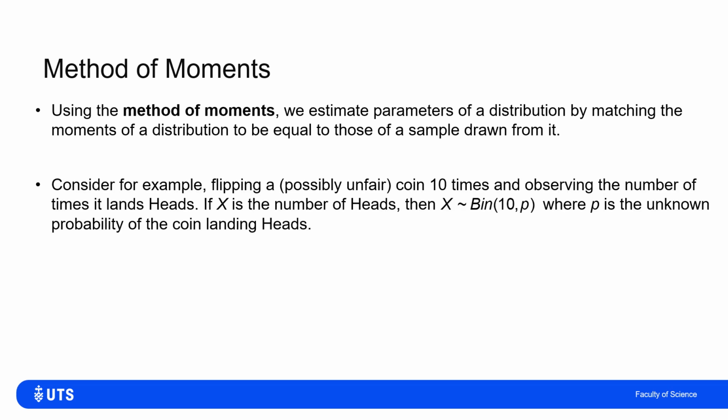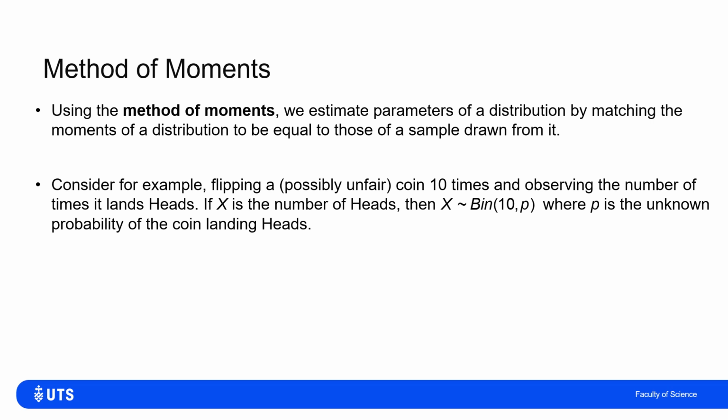So let's take a simple example, and in probability, simple examples don't get much simpler than coin flips. Let's say we flip a coin 10 times. We don't know the propensity of this coin to land heads.